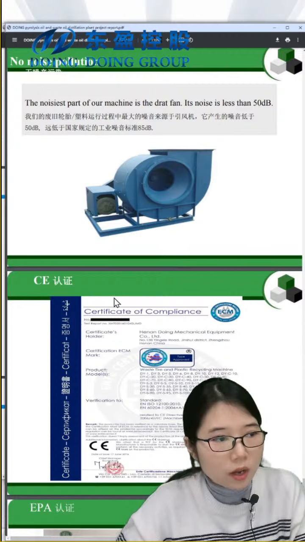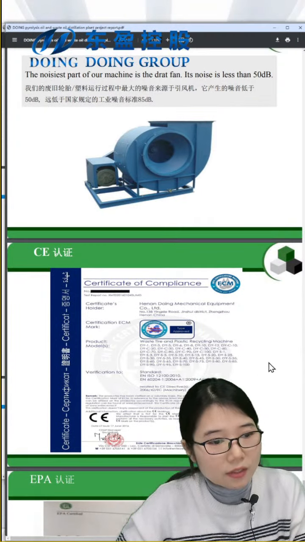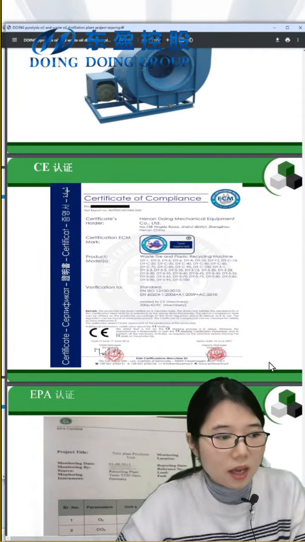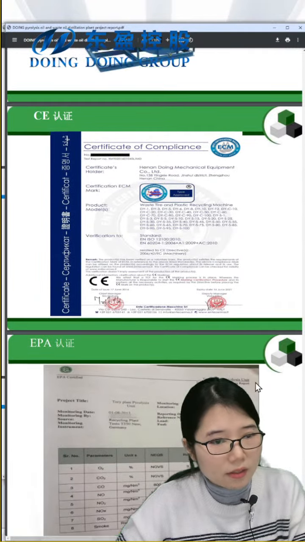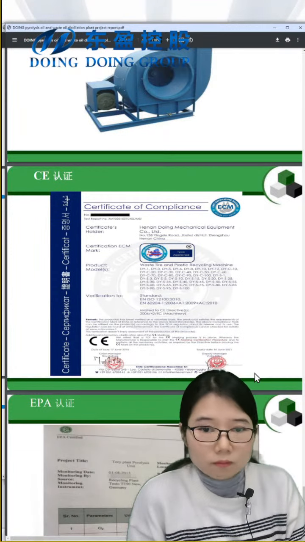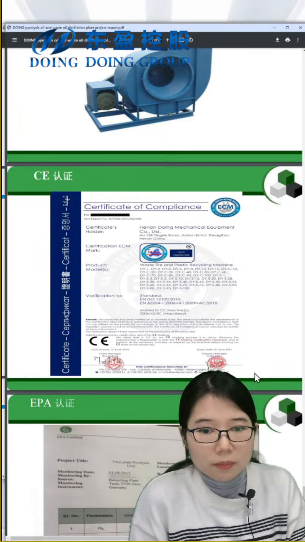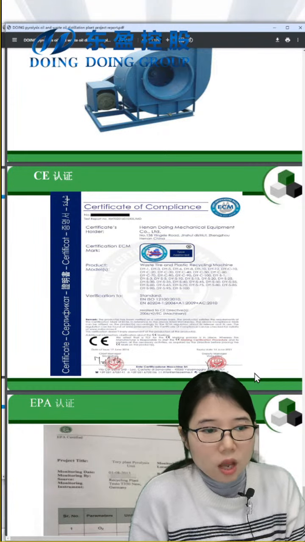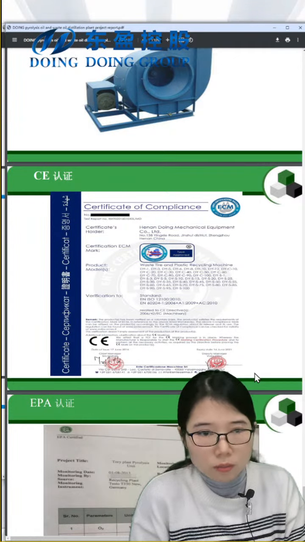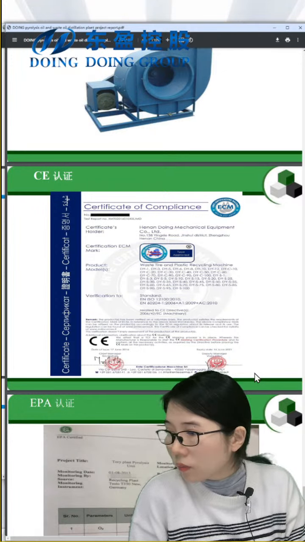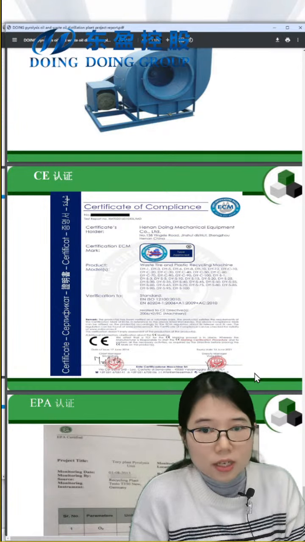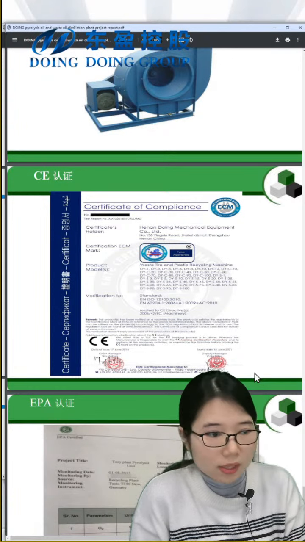For our machine, we also have many certificates, like CE, ISO, and EPA certificates. If it's your first time importing our machine, you don't need to worry because we have rich experience to help you get the certificates that your customer may require. So far, we have exported our machine to more than 90 countries and regions.